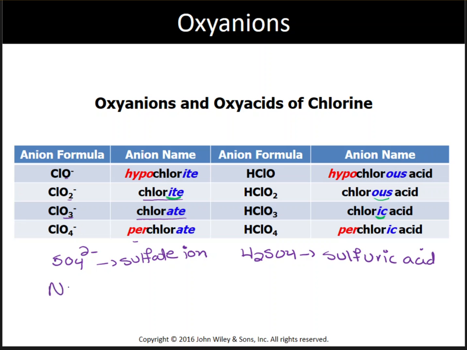Another example, NO3⁻ is a nitrate ion. Now if it combines with a hydrogen, HNO3 is called nitric acid.